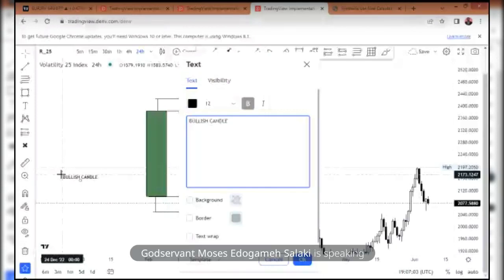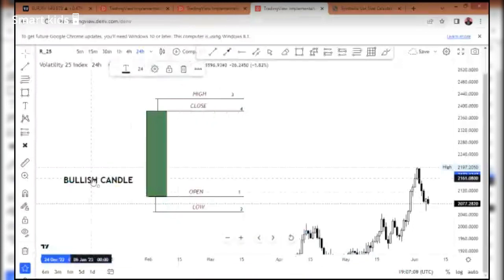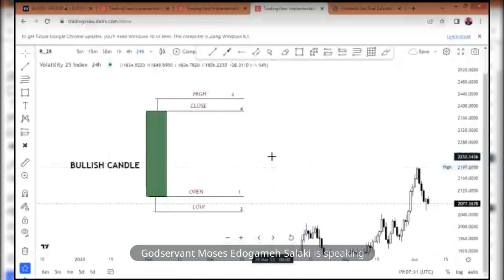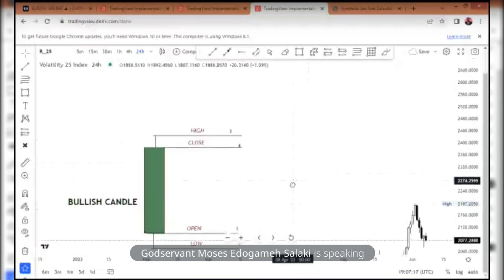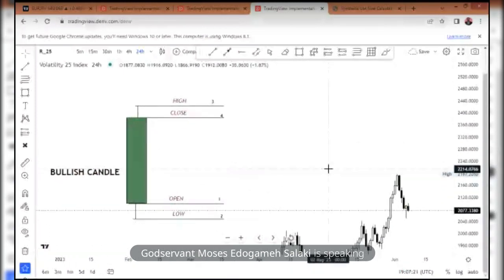So if the candle is going to be bullish, this is what you're going to find. A bullish candle, this is the characteristics. This is what will always happen for a bullish candle. Now, a bearish candle?